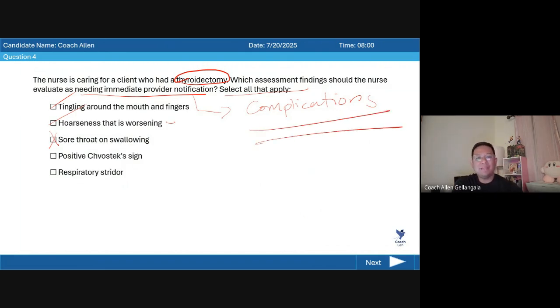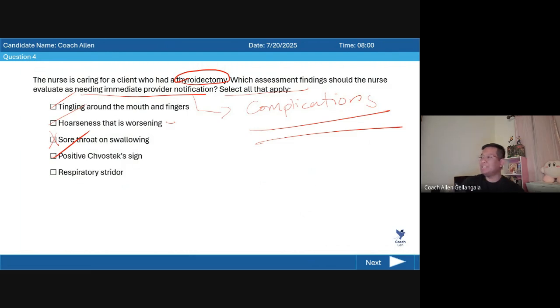Any form of expected signs and symptoms is non-reportable. And everyone on TikTok was saying, okay, chopsticks, Chvostek sign. Yes, that is also an indication. That's already tetany.